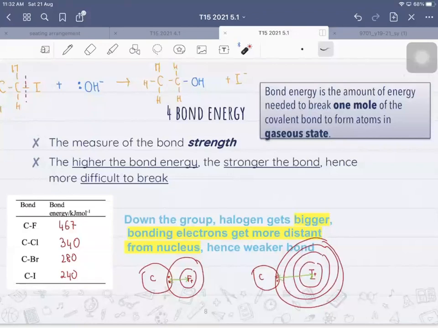As the atomic size of the halogen gets bigger, the distance of the bonding electrons and the nucleus gets further. Therefore, the bond gets weaker. So that's the explanation. We will cover this again when we do group 17. I don't remember the topic number, but it's group 17 where we will be looking at these halogens.